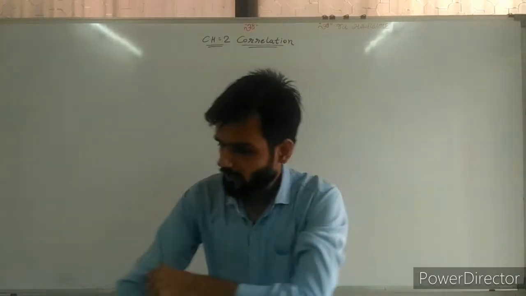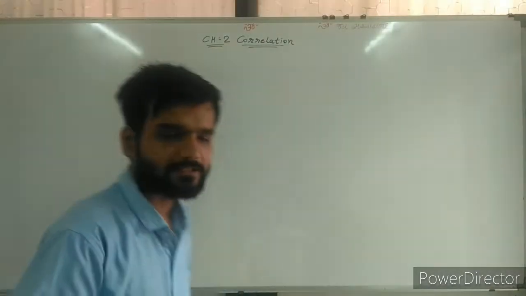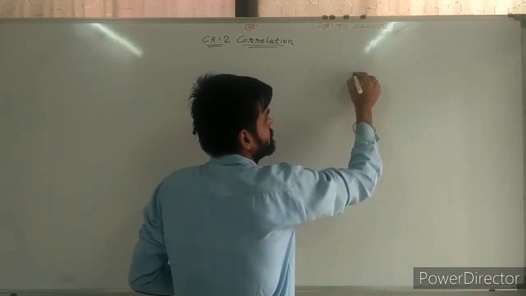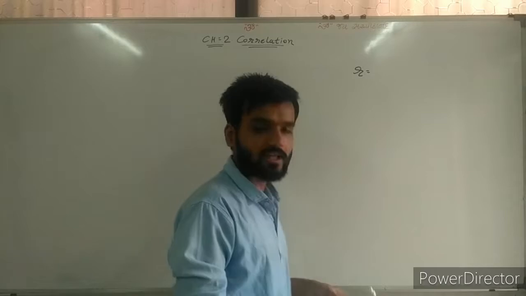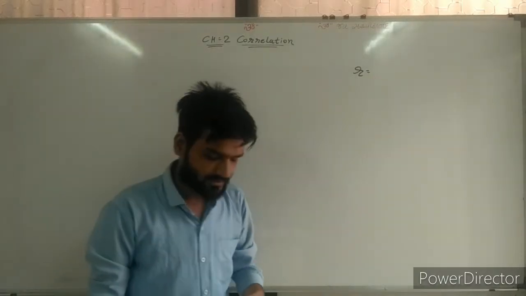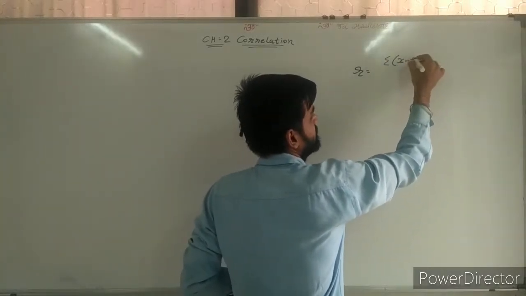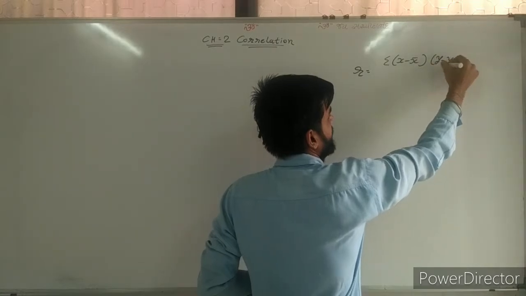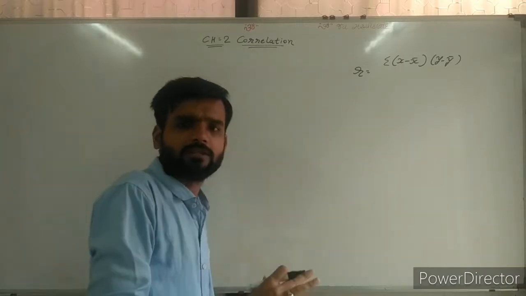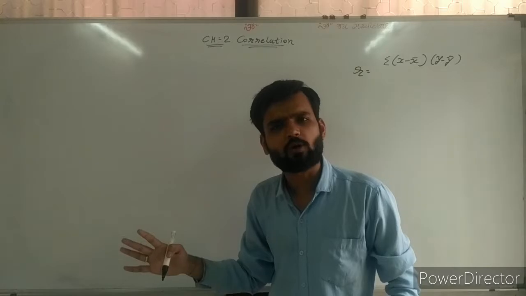So I am writing the formulas. See please. First, Sir Karl Pearson's formula: r is equal to sigma (x minus x bar)(y minus y bar). This formula you know already, but on this basis we are making the new short sums formula.